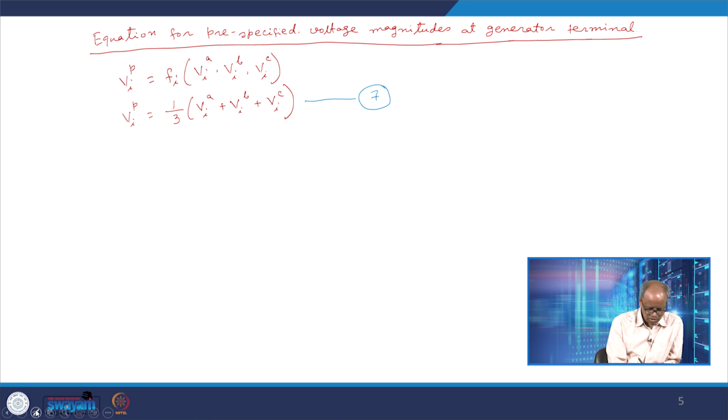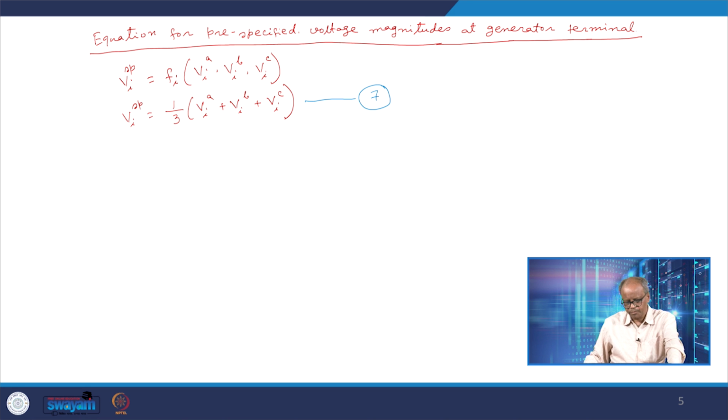This is not P, this is Vi specified. So Vi specified is some function of ViA, ViB, ViC. Usually, we take it as the average of these three voltages. So these are the equations.